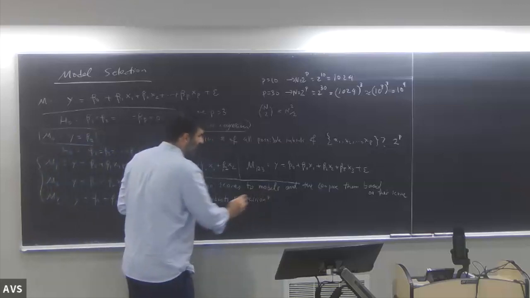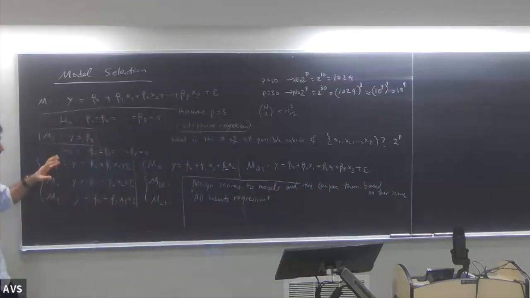You compute the score for all possible subsets, for all possible models, and then decide which one has the best score, and then you declare it as the model.